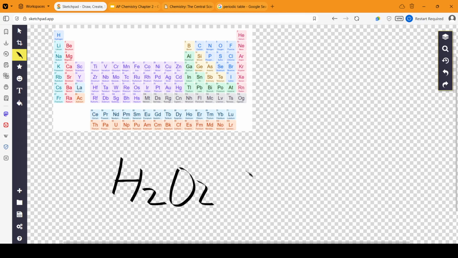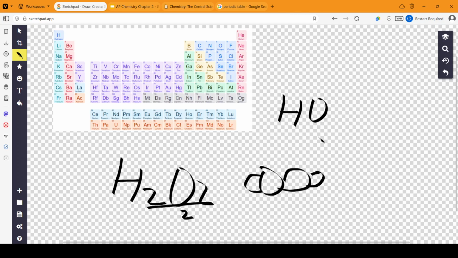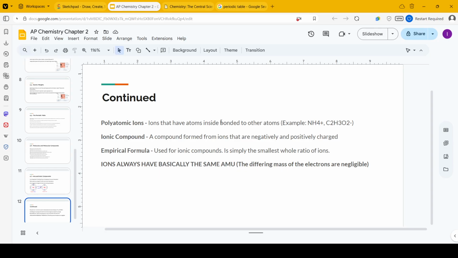I think I drew two water molecules touching each other, but this is what I think hydrogen peroxide looks like. I'm not too sure about the actual structure, but we see here that there's two hydrogens and two oxygens, and we can divide these subscripts by 2. It's basically just going to be the simplest whole number ratio of atoms in a molecule. So we can rewrite this as HO, which will just be 1 hydrogen atom to 1 oxygen atom. That's it.